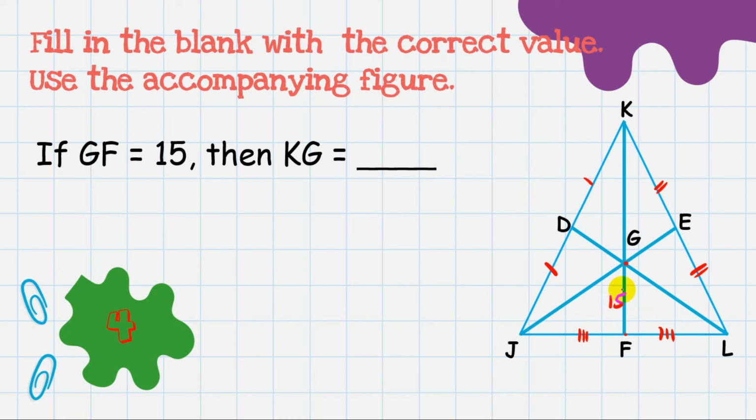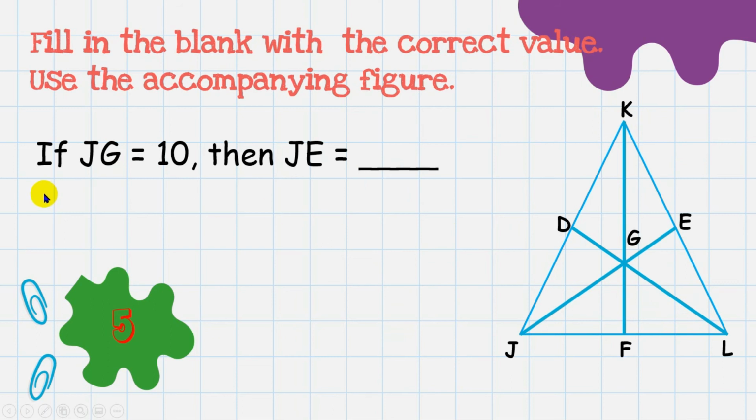What is the measurement of line segment KG? Notice that line segment KG is from vertex to centroid. Again, that is twice the measurement of this one. So, 15 times 2 is 30.